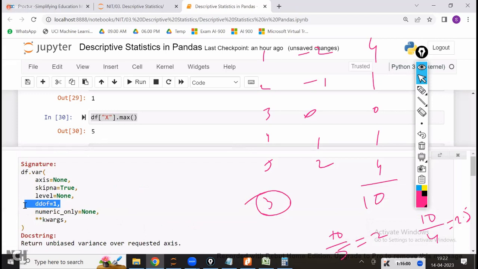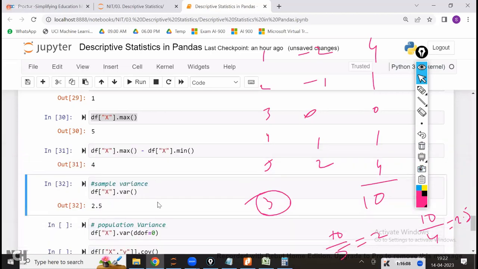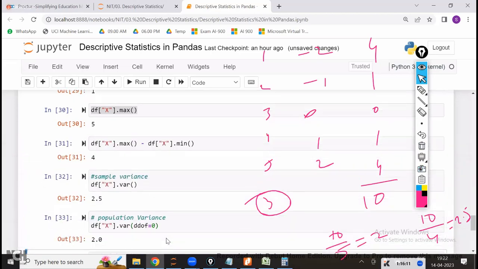I don't want n minus 1, I want n minus 0, which is nothing but capital N. So I want ddof equal to 0. If I write ddof equal to 0, I'll get the population variance. Is that clear? By default, it is going to consider ddof equal to 1, that is the number of degrees of freedom, n minus 1. So we are going to get the sample variance.